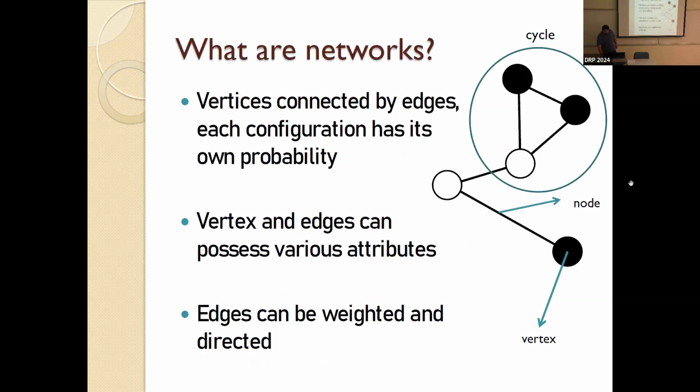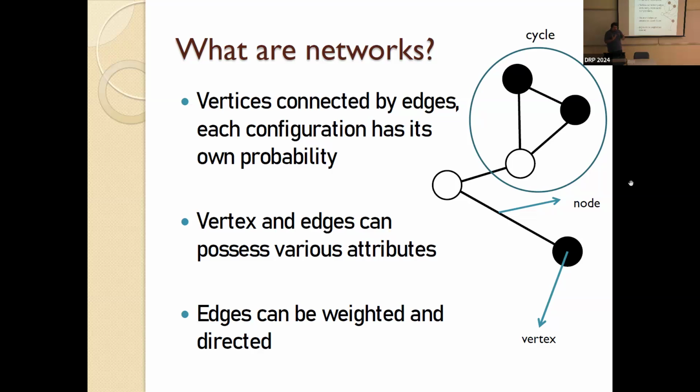So, first of all, let's have a very brief introduction to what networks are. I'm sure many of you have at least some surface familiarity with it, but very simply, we can describe networks as a set of vertices that are connected by edges, and each such configuration, each such construction has its own probability to be.